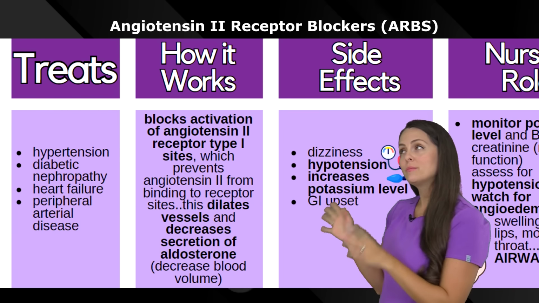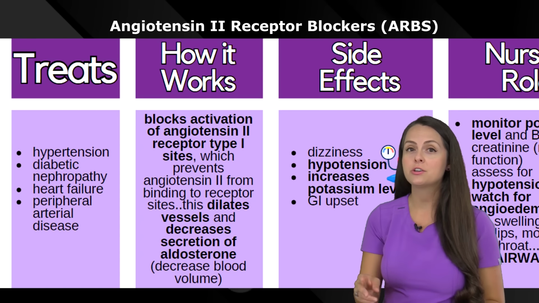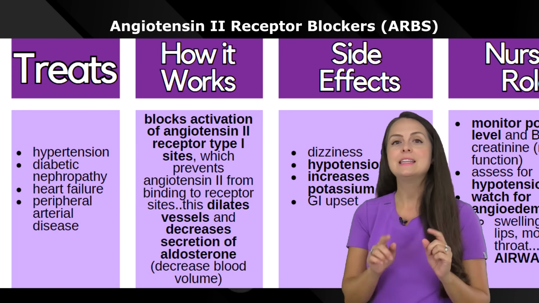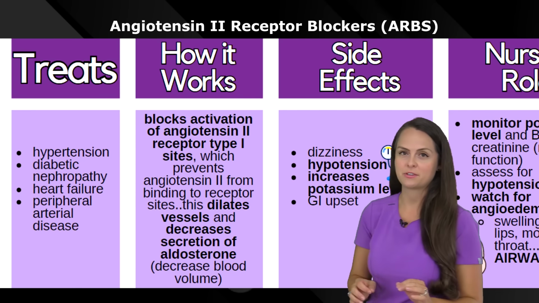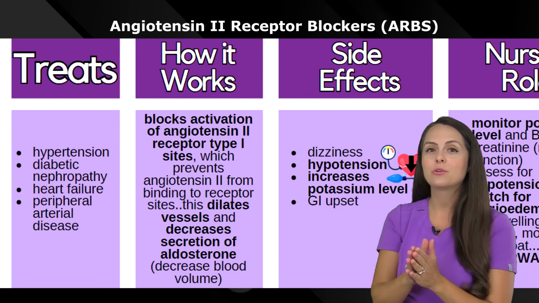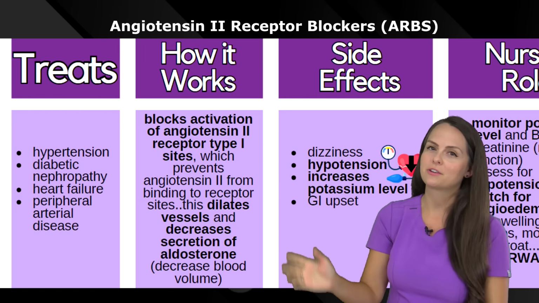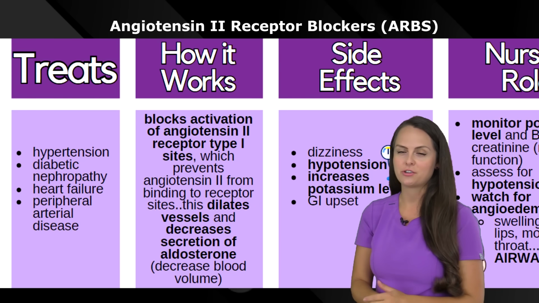So again, how ARBs work is that they are going to block the activation of angiotensin II receptor type 1 sites. This is going to prevent angiotensin II from binding to receptor sites. Now this is going to do a lot of things, but two things I want you to remember is that that's going to dilate the vessels instead of constrict them, and it's going to actually decrease the secretion of aldosterone.